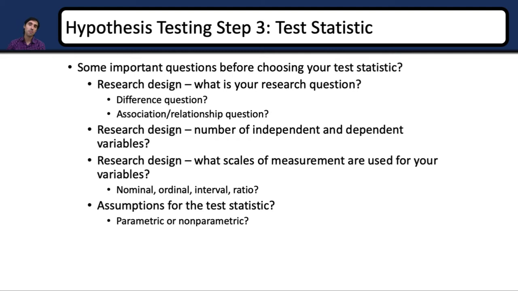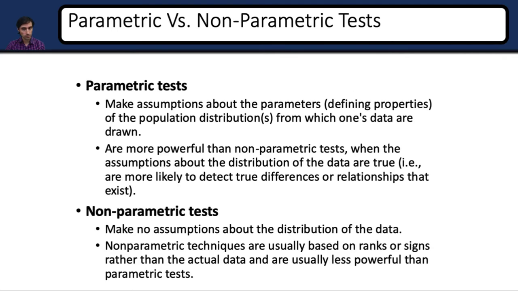And then you always got to make sure with assumptions whether it is parametric or non-parametric. So a parametric test, what we've gone through before, is that normal distribution. So these make assumptions about the parameters that define the population distribution.